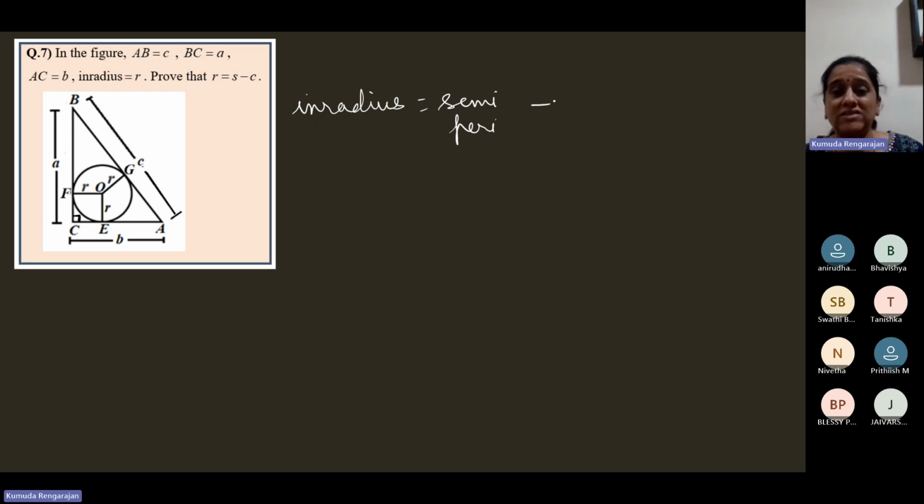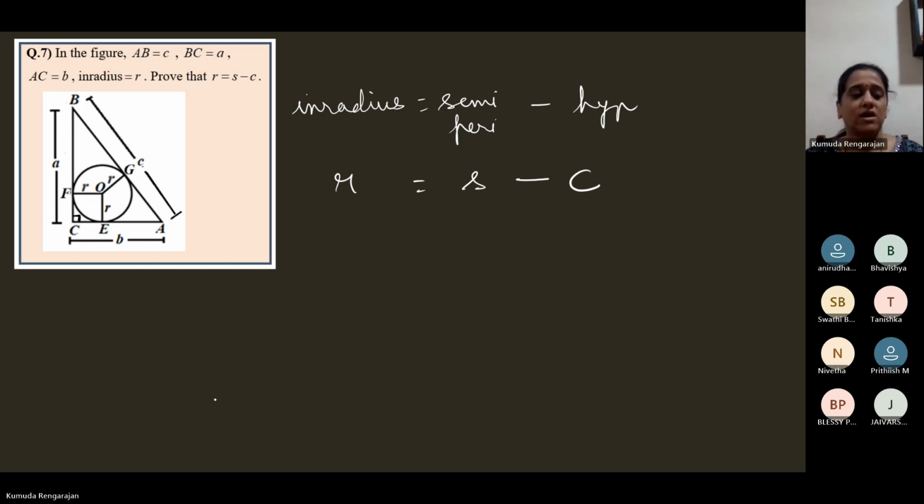So you need to show that the inradius is equal to the semi-perimeter minus the hypotenuse. R is equal to S minus C.